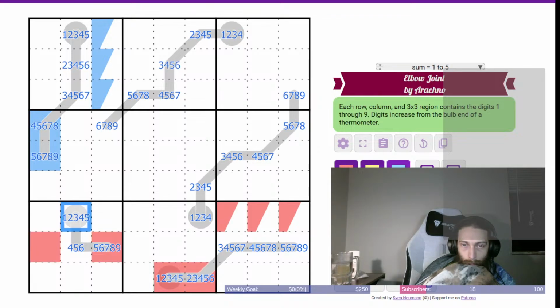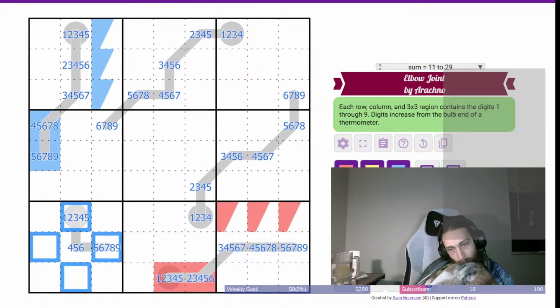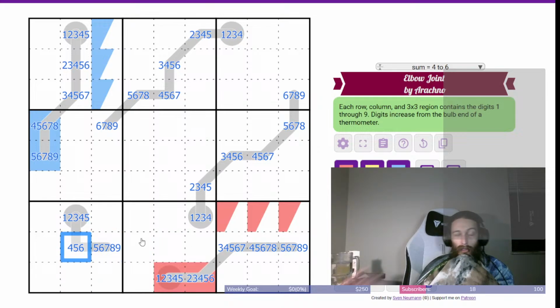Red, red, blue, blue. Well, it doesn't really matter what this one is. So this could be 4. That could be a 5. That could be a 6. And then it wouldn't matter what that is. Okay, well, I'm not seeing a reason why that would be broken in any of the formats.